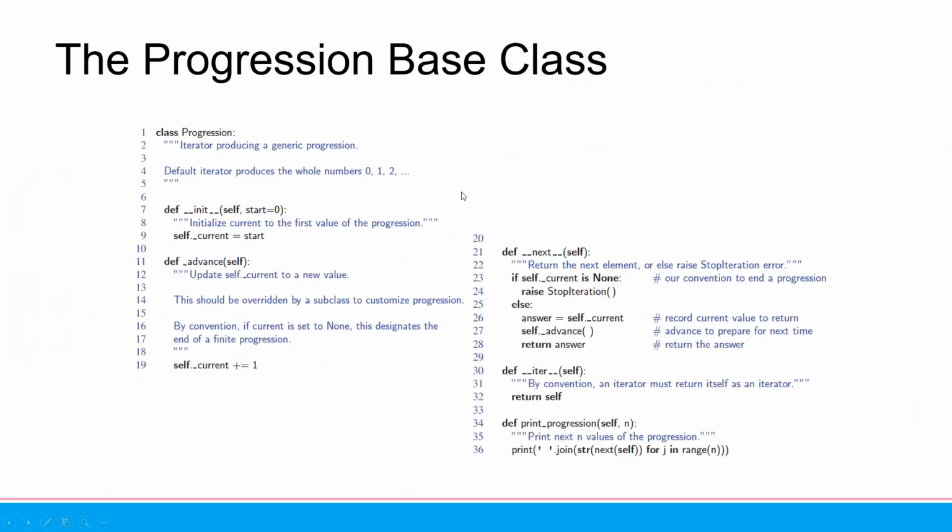So this is the class. We have the class progression. This is a constructor. And if you don't define any value, then the starting value will be 0. So the current equals start.